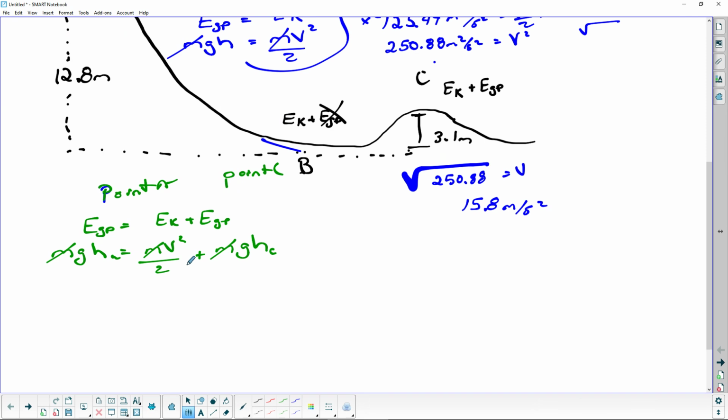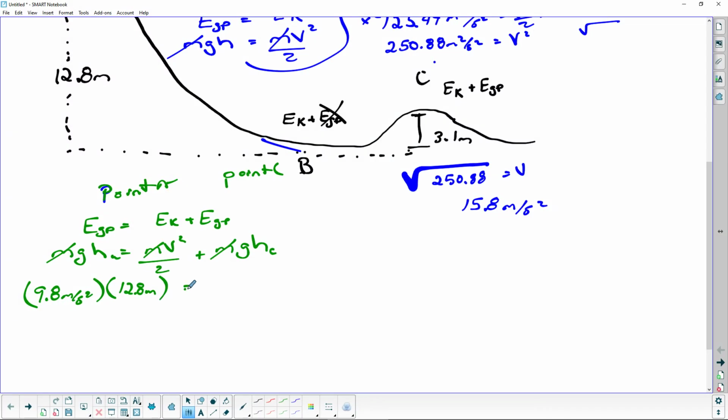You have to be very careful that you don't cancel something out just because it's in 2 expressions. It has to be in every expression of your equation, just like when you do common factoring in your math class way back in the day. So we're going to put in our results. So we got 9.8 meters per second squared multiplied by that height of A, which was 12.8 meters.